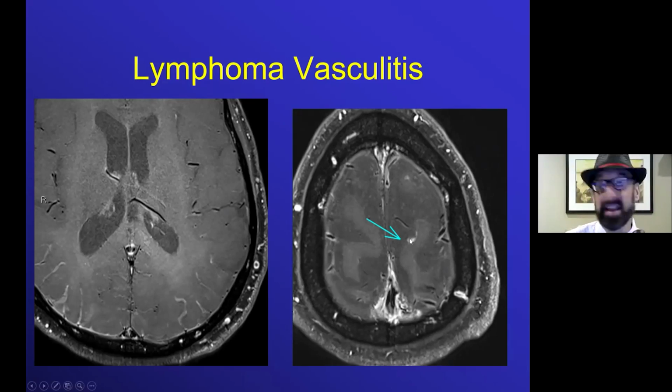And once again, you may see the enhancement of the vascular wall associated with either treatment of lymphoma with some of the agents such as L-asparaginase that can do that, or the lymphoma itself. In this case, note also that we have really nice manifestation of pial enhancement of the periphery here in the parietal occipital lobe bilaterally, as well as the vascular contrast enhancement.